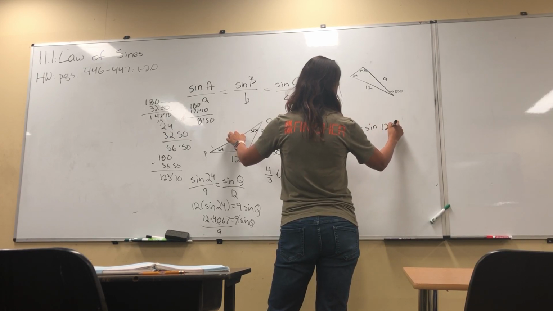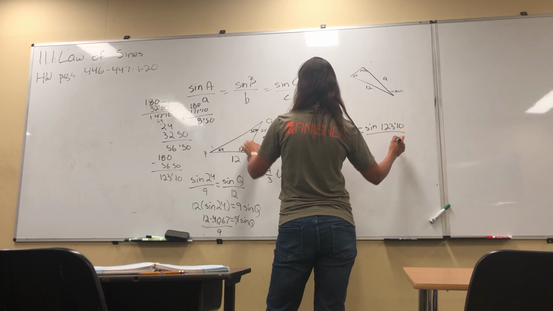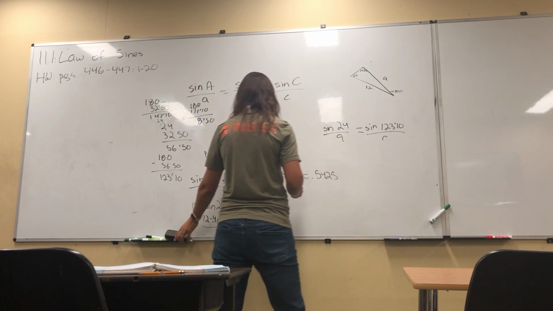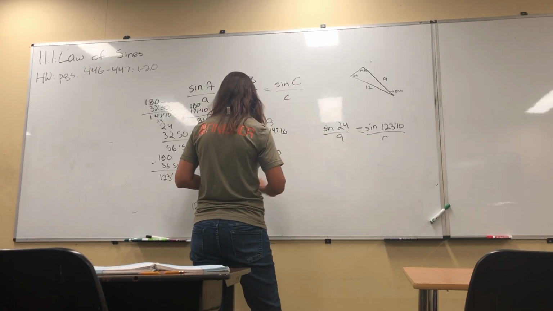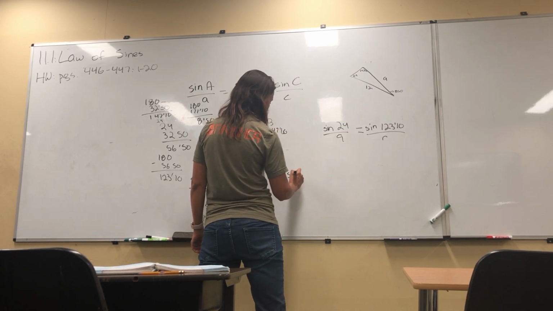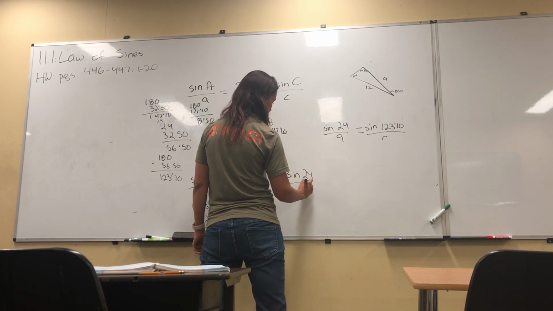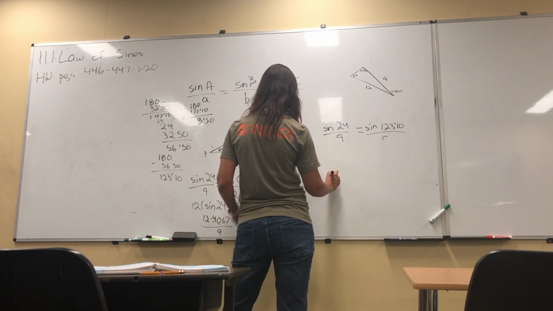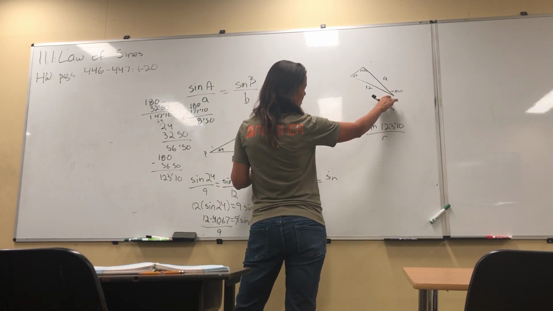opposite this, over its side R. Or let's go ahead and write the other one, which is, let's write over here: sine of 24 over 9 equals sine of, we're looking at this one now, okay?